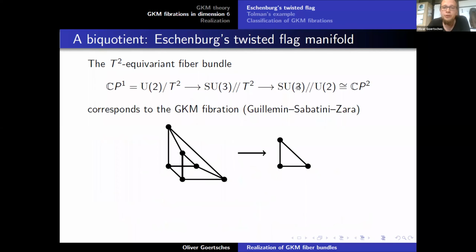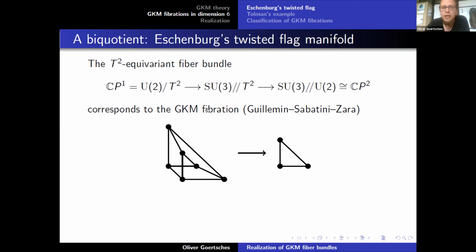So this commutes, and I have a T2-equivariant fiber bundle here. Now I claim that this T2 equivariance of the fiber bundle leaves its mark on the GKM graph, namely the GKM graph also fibers over the GKM graph of the base. And the GKM graph of CP2 is just this standard triangle here.